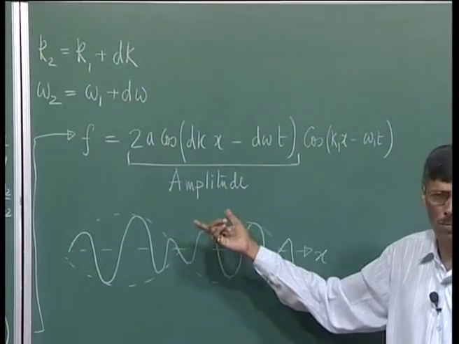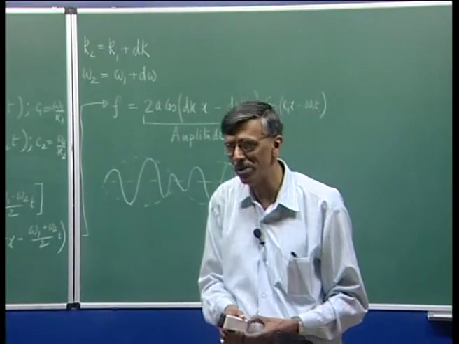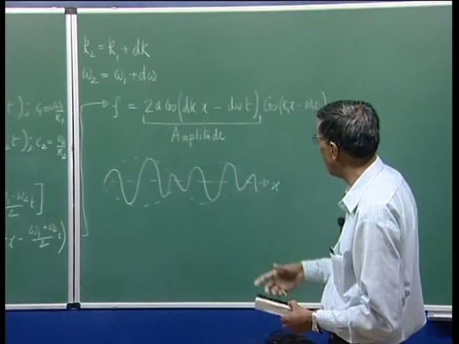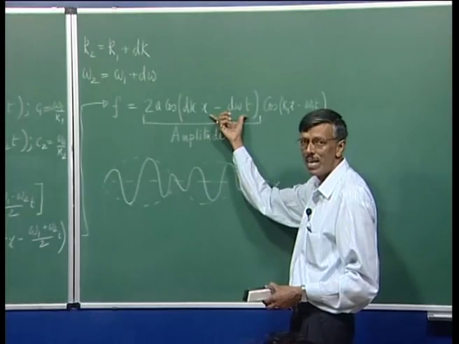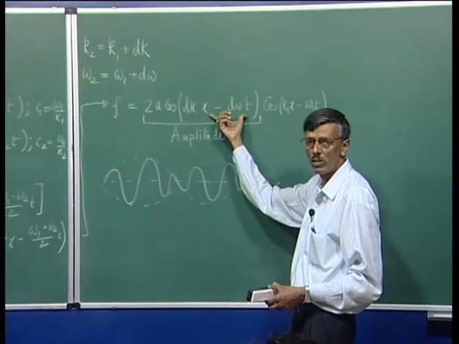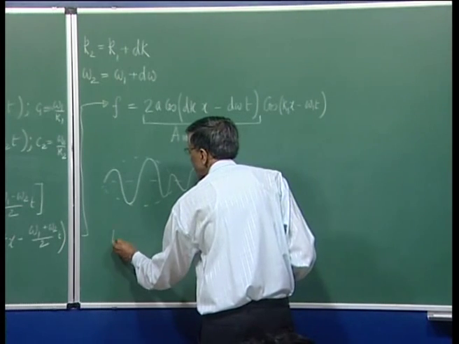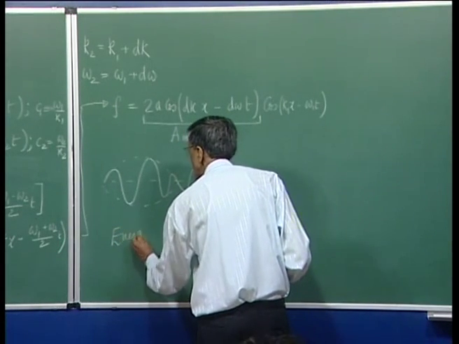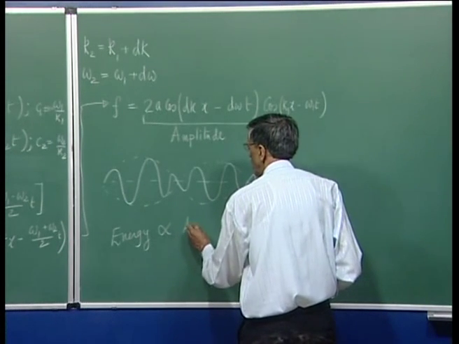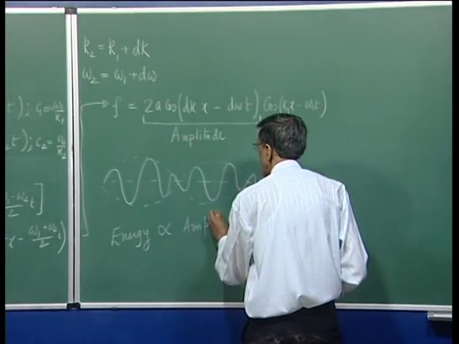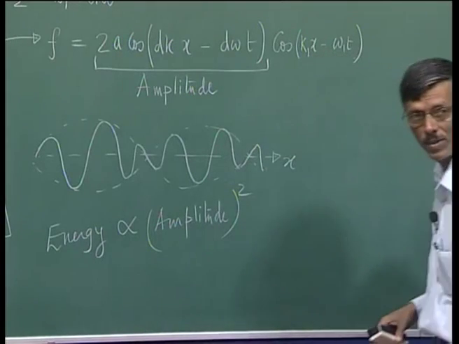And what happens? The energy is proportional to amplitude squared, right? So, if the amplitude varies by this law, the energy also varies according to this law. So, what we are in essence saying is that energy is proportional to amplitude squared, right?